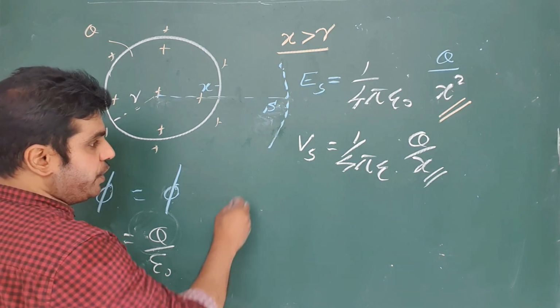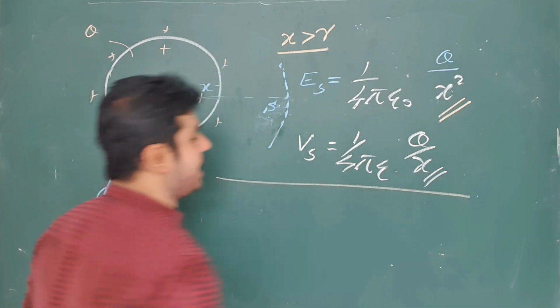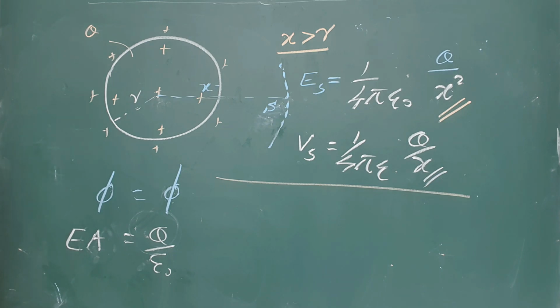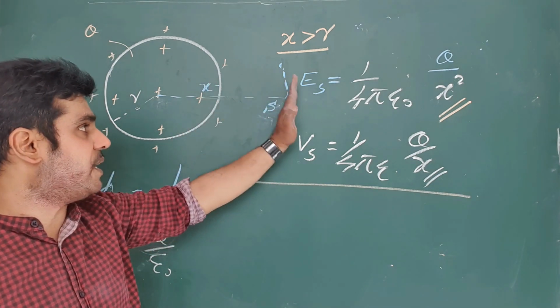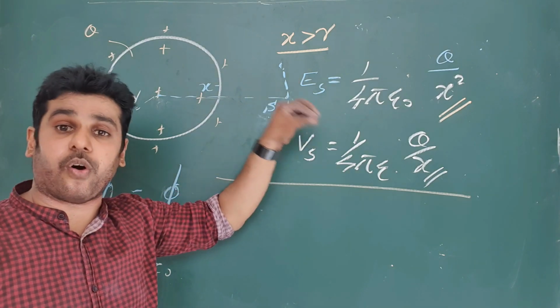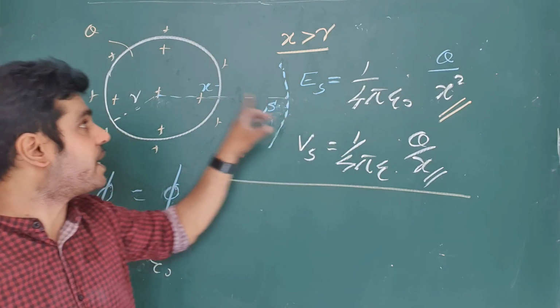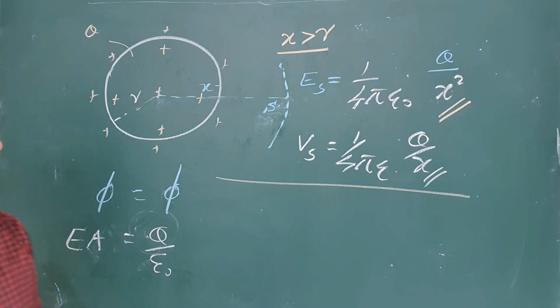Actually we use Gauss's law to find the electric field intensity, but anyway, when you do the calculation outside a conducting sphere or dielectric medium, you can keep the whole charge at the center.